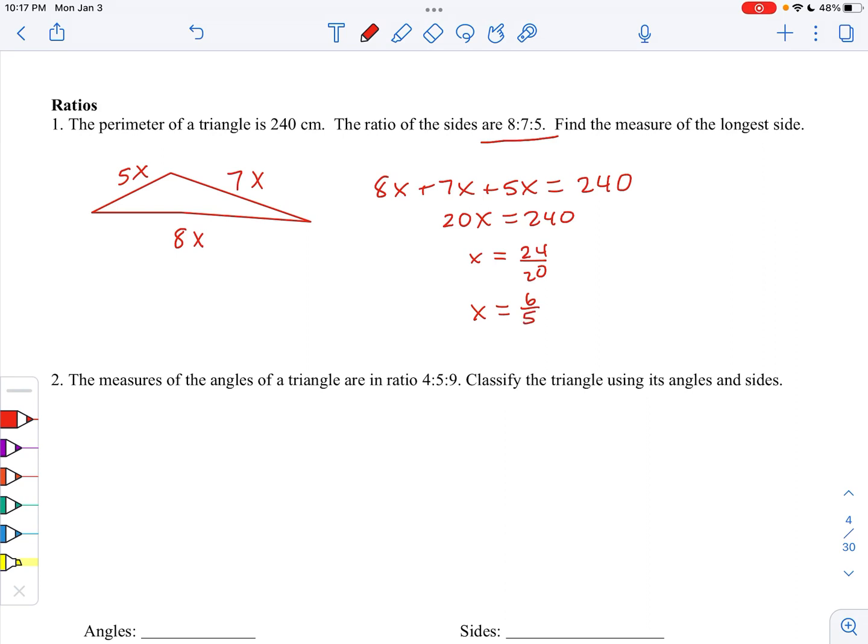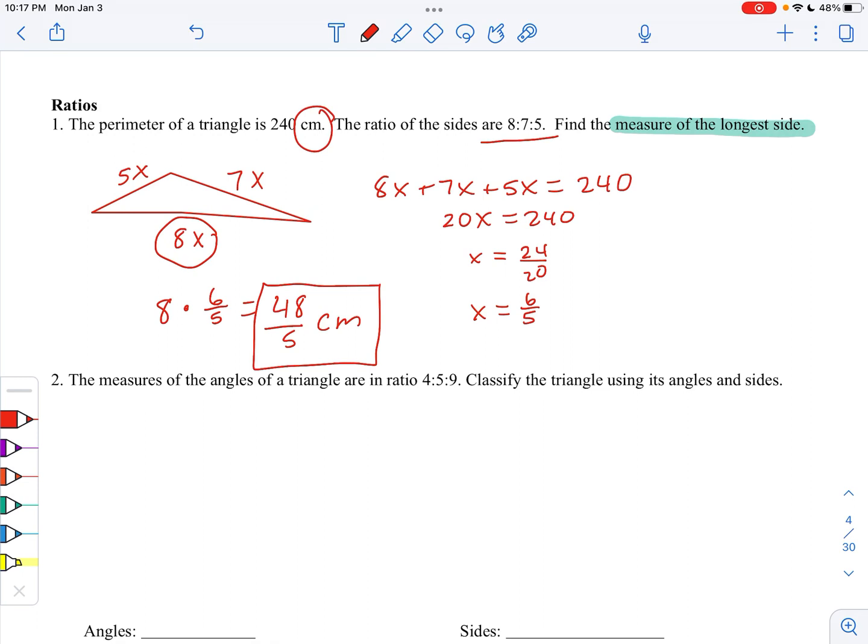So now I want to use that to find the measure of the longest side. So I figured out what my scale factor is. I know this has to be the longest side, so I'm going to multiply 8 times 6/5 to get 48/5 centimeters as my longest side, because I have centimeters as my unit of length here.